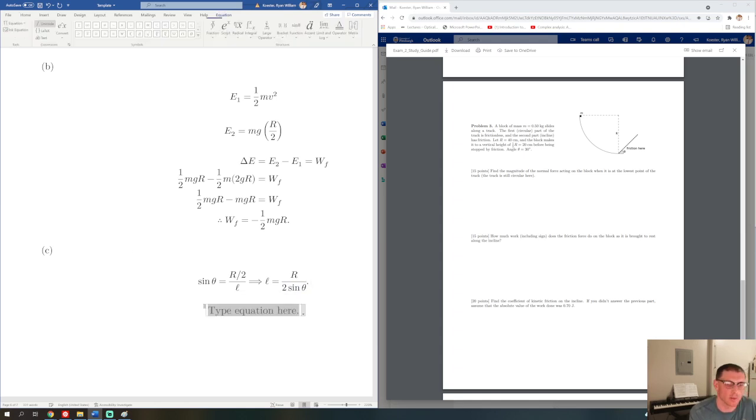Now, work energy theorem: its final kinetic energy is 0 because it comes to a stop. So we could just say 1/2 mv squared minus 0 equals negative mu sub k.